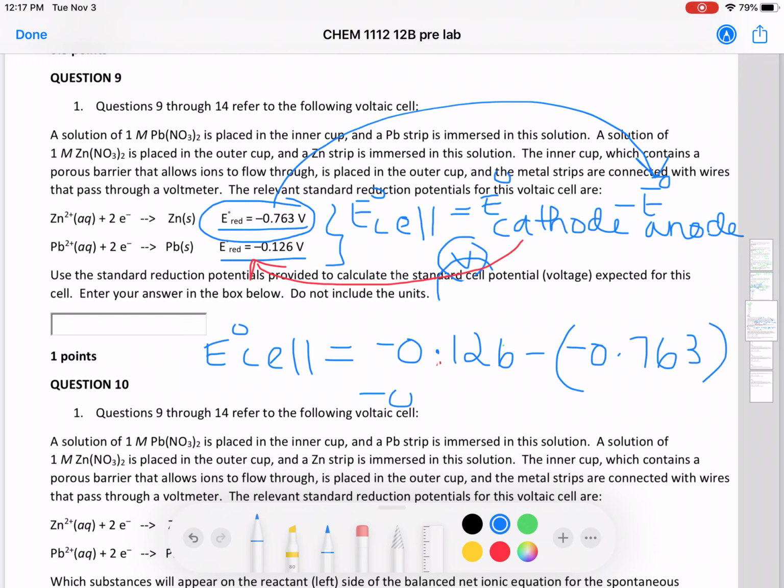So this is -0.126, and this will become positive 0.763. When you get the difference of these two, your E naught cell is going to be 0.637, positive, which is a spontaneous reaction.